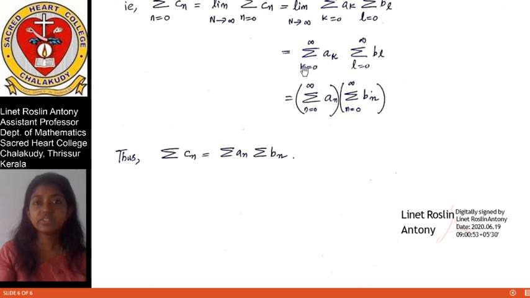Just changing the letters of the indices, we have this. Thus, summation C_n is equal to summation A_n into summation B_n. So that is the value of the Cauchy product.